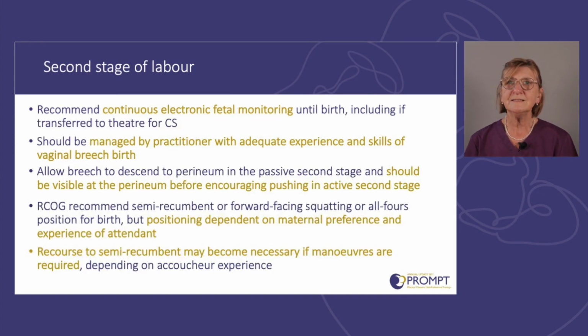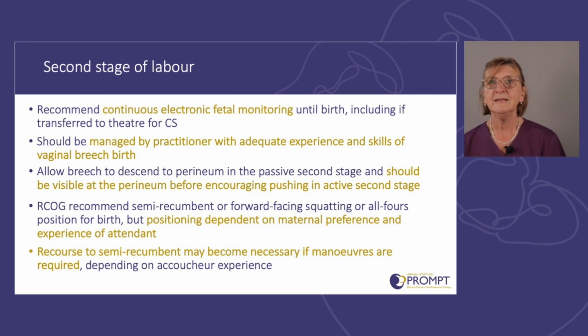Thinking of your second stage of labour, again, we recommend electronic fetal monitoring right through until the baby's born. It should be managed by a practitioner who has had adequate experience and training and is skilled in vaginal breech birth. And descent of the breech to the perineum in that passive stage should be recommended.